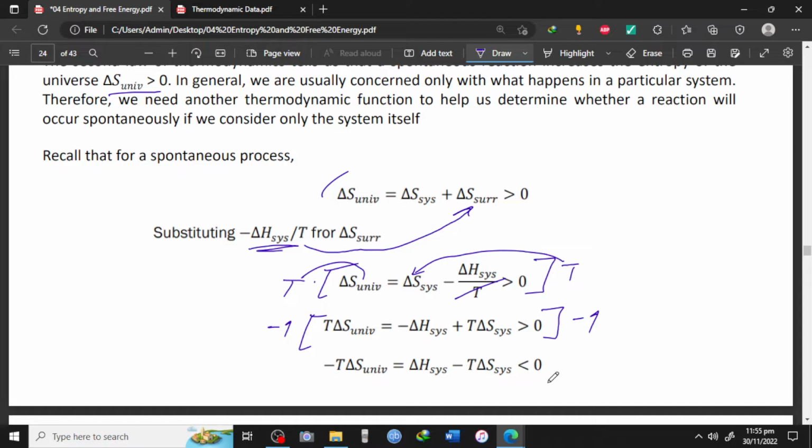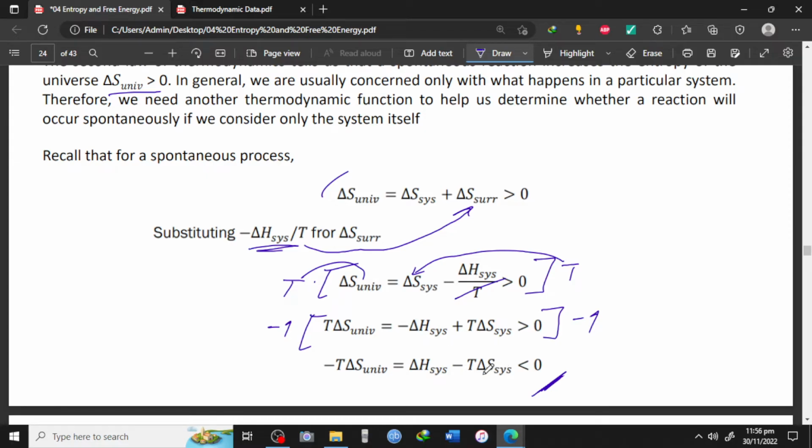So, ito na yung na-derive ng mga scientists. Okay? Anong implication or ano yung sinasabi ng equation na to? Bakit tayo naka-arrive dito? For you to determine the spontaneity of the reactions, all you have to do now is look at the delta H of the system and at the same time, the entropy of the system.